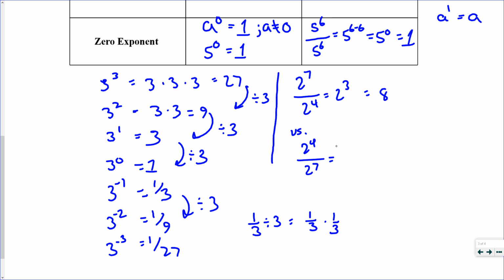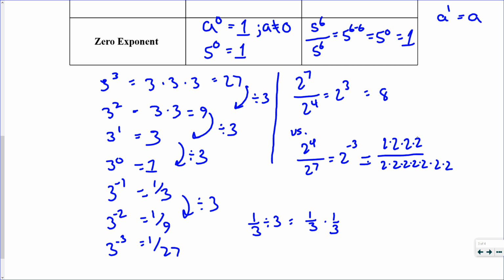Well, according to the quotient rule, I'd get 2 to the negative 3rd. 4 minus 7 is negative 3. But what is that? If we were to write it out, we'd get 2 times 2 times 2 times 2 over 2, 2, 2, 2, 2, 2, 2.